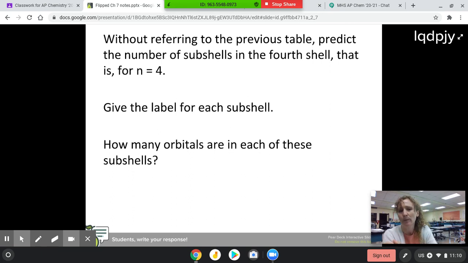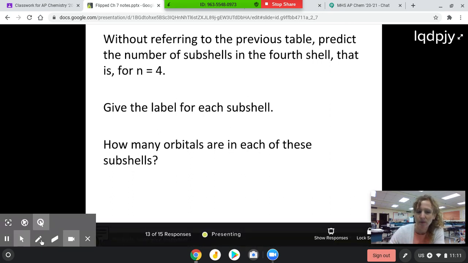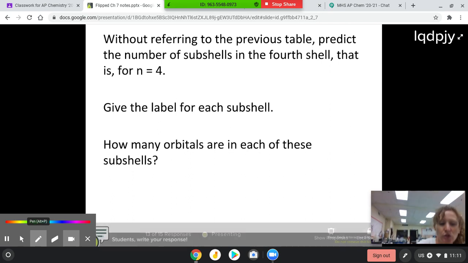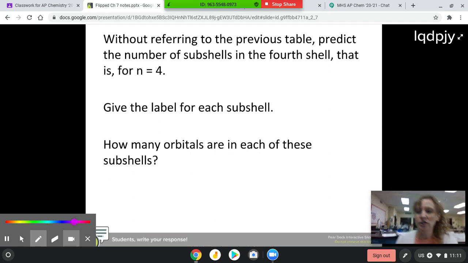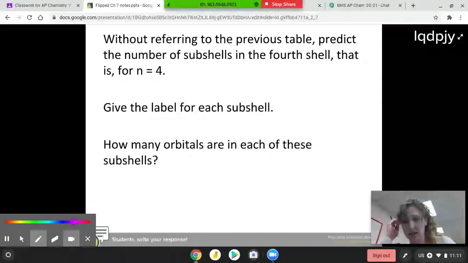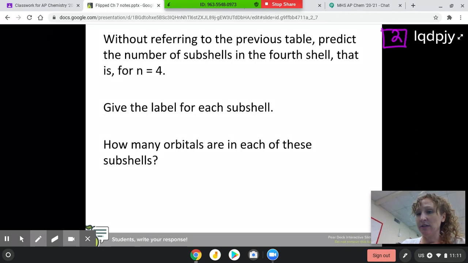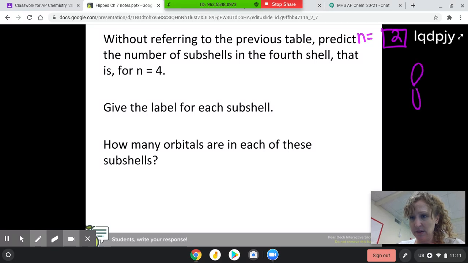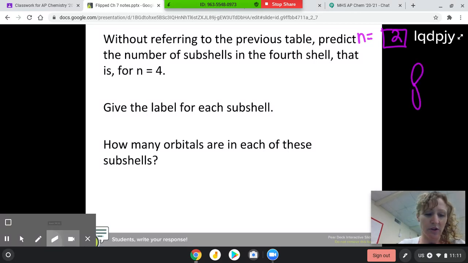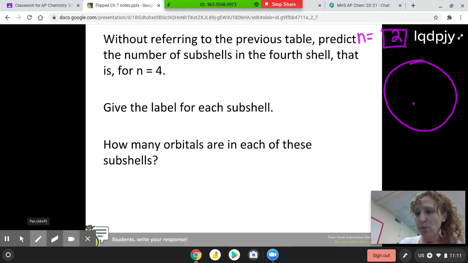Okay, another good question. Are orbitals and energy levels the same thing? And the answer is no, they are not. So let me give you an example of this by drawing it. If I was going to draw, let's just do the 2nd energy level because that is a lot less complicated than the 4th energy level. So if I'm going to draw the entire 2nd energy level, N equals 2, I would draw 2s, 2px, 2py, 2pz.